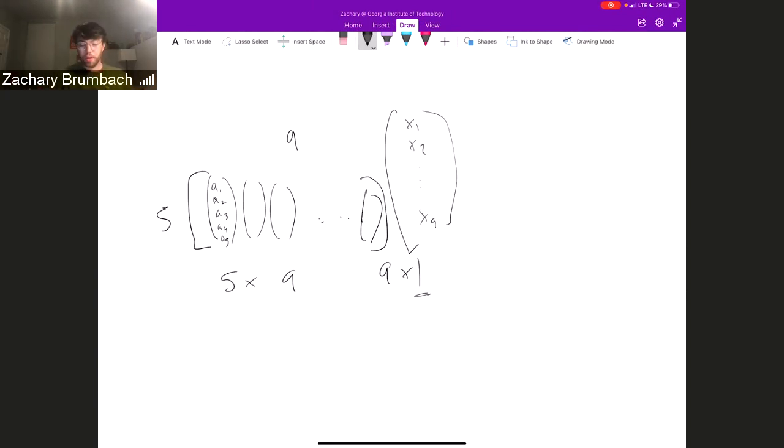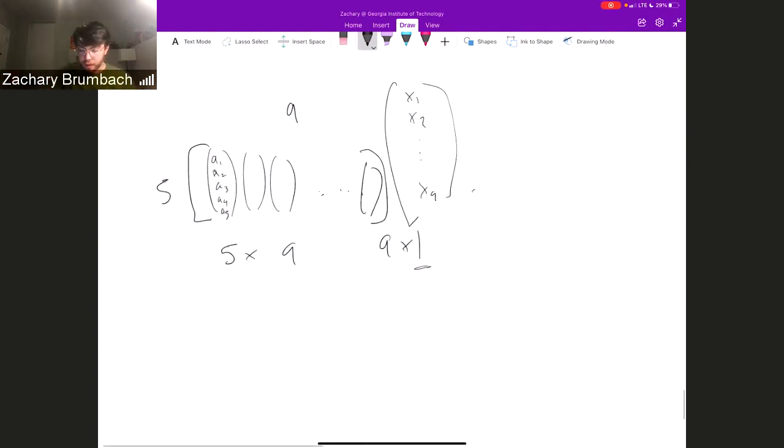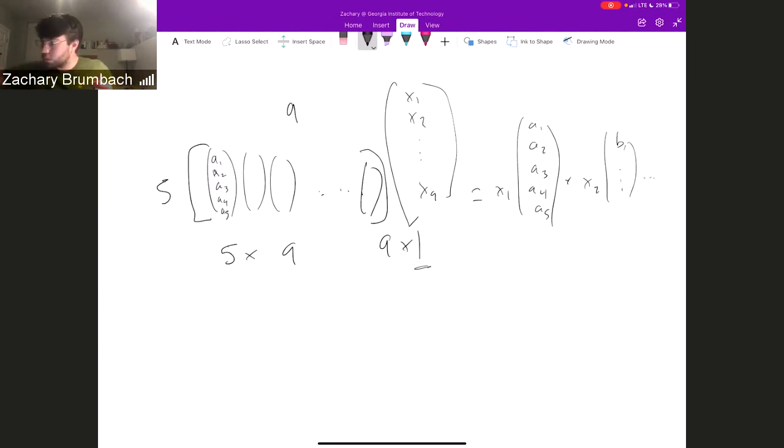And what this is also saying is we have x1 times our first vector, a1, a2, a3, a4, a5, plus whatever follows, x2 times the second vector. So we have our vectors which are all 5-dimensional, and we have 9 different vectors.